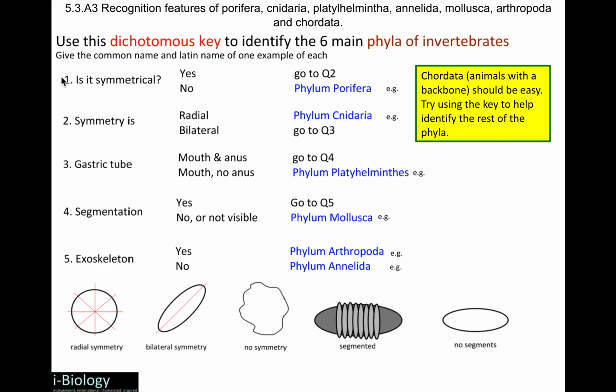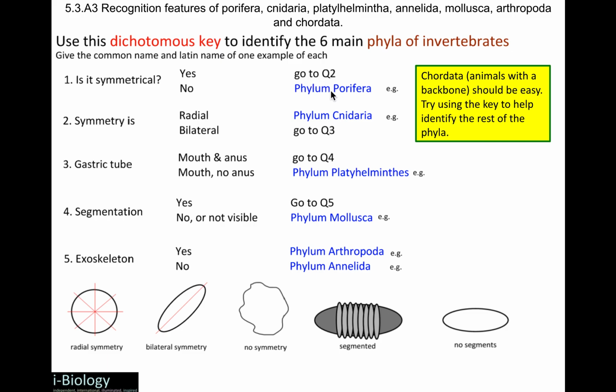The first question, the first yes or no, is: is it symmetrical? When we talk about symmetry, we're talking about radial symmetry, where it's circular and perfectly even, bilateral symmetry, where you could divide it evenly in half, or no symmetry, where it doesn't have a set shape. If it does, you would go on to question 2. If it doesn't, you would know that it's Phylum Porifera.